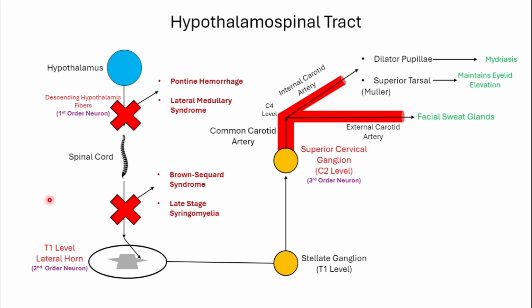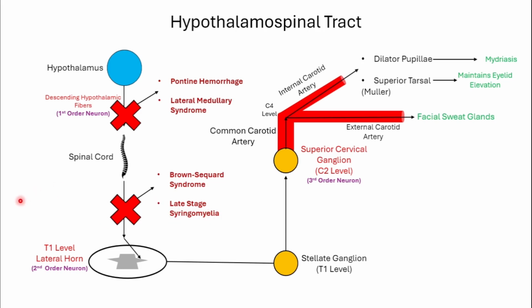Normally, syringomyelia won't affect the hypothalamospinal tract, but if it's left untreated and reaches an advanced stage, the spinal cord dilatation may be severe, causing compression on the tract and ultimately Horner syndrome. So, a lesion in the first order neuron includes pontine hemorrhages, lateral medullary syndrome, Brown-Séquard syndrome, or a late-stage syringomyelia.